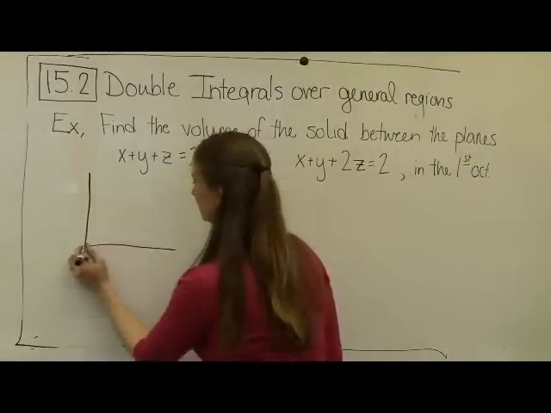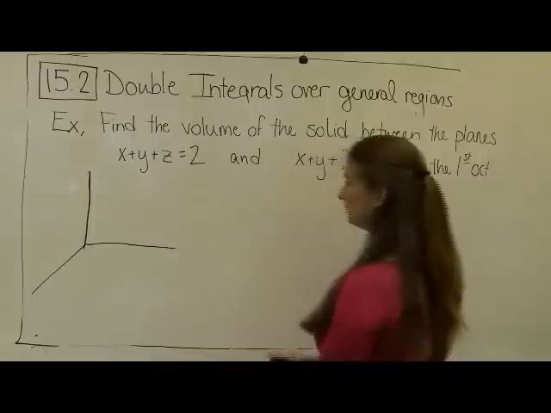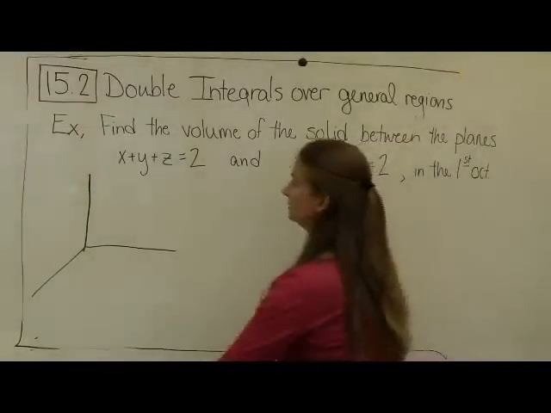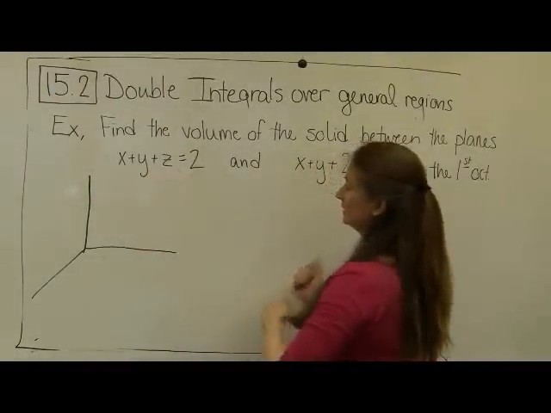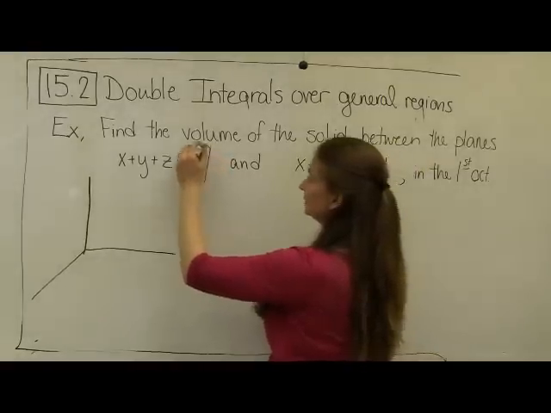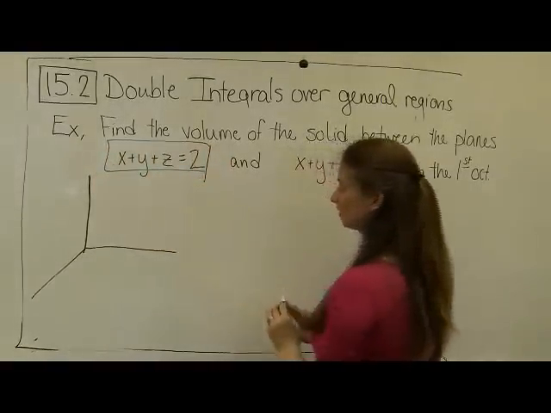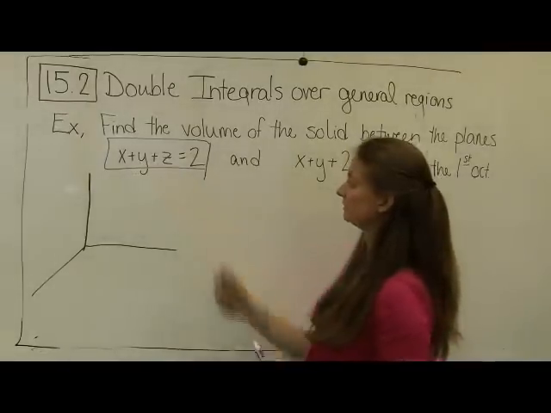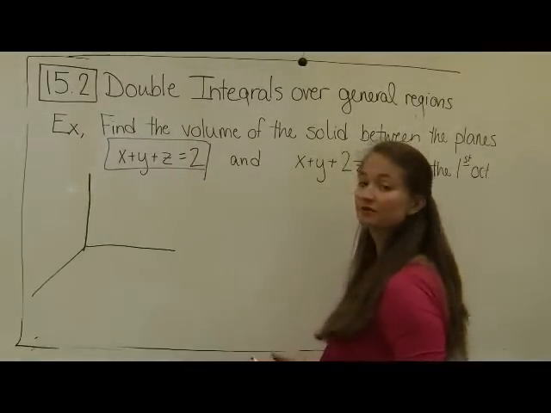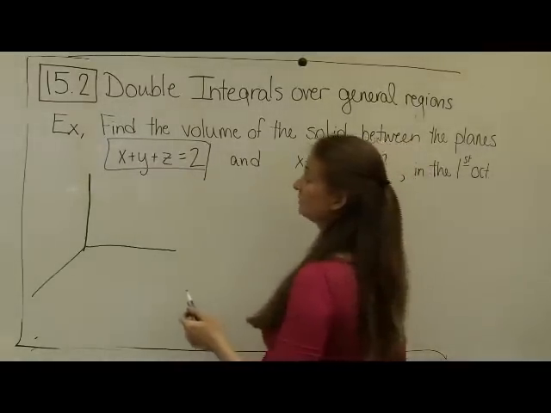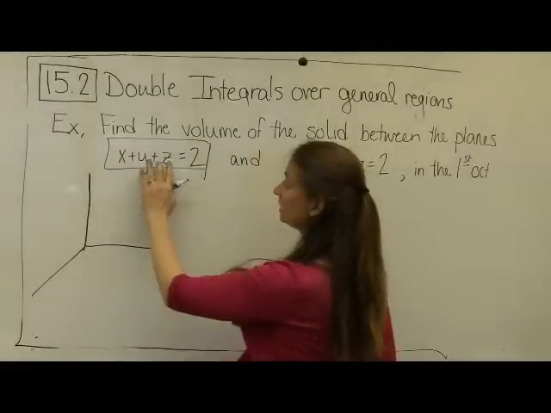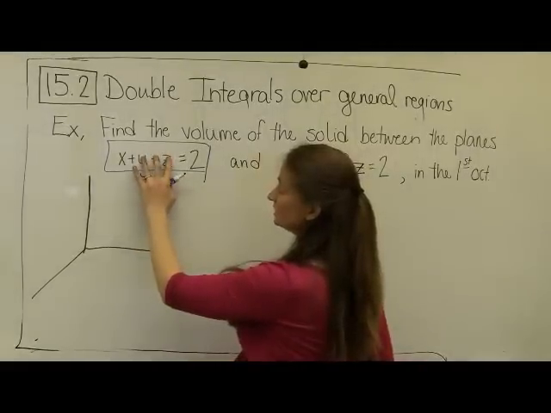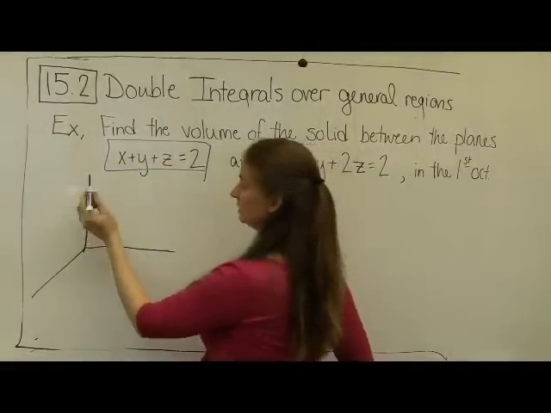So my blue plane is going to be this plane. We know that x plus y plus z equals 2. The easiest way for me to start drawing this plane is by plotting some points. I see that when two of the variables are equal to 0, the other variable has to be equal to 2.